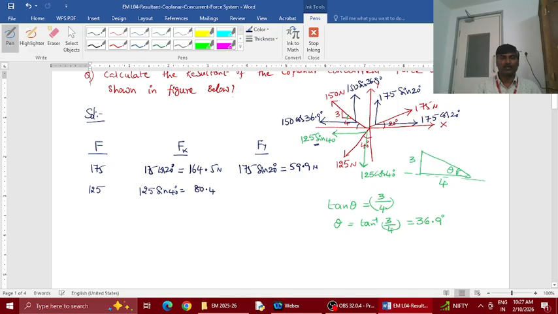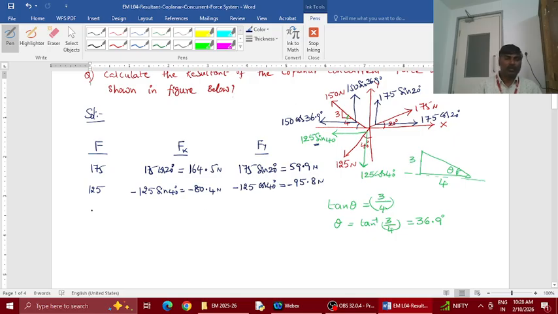But the direction is towards the negative x-axis, so you write minus. Now the 125 y component is 125 cos 40, and its direction is also negative. So this works out to minus 95.8 Newton.